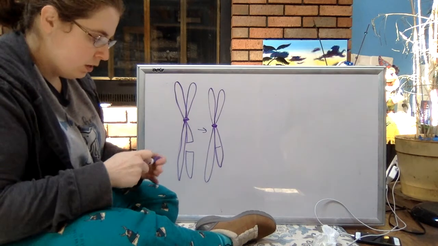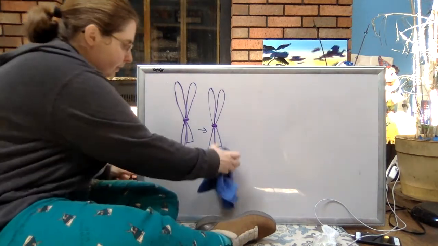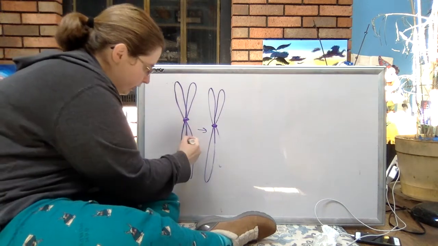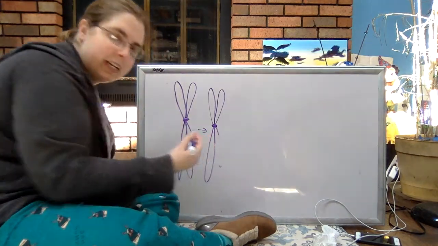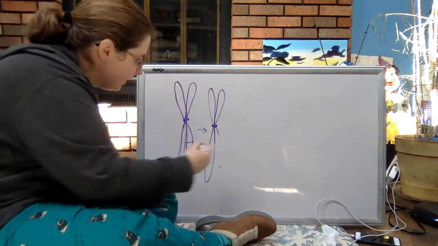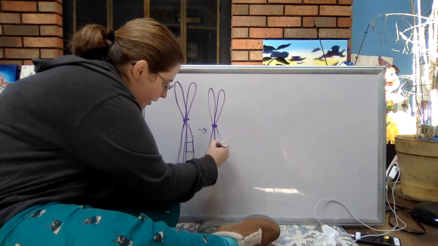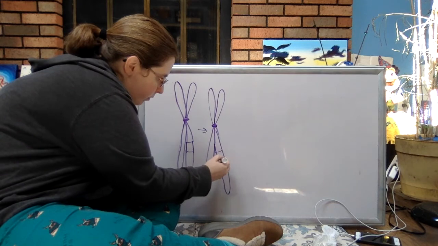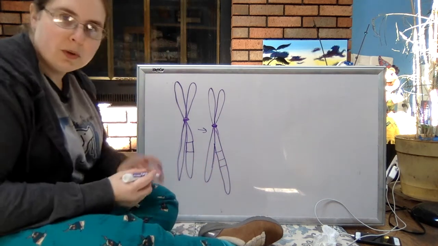Duplication is, well, what if instead of losing that piece, that section during DNA replication got replicated twice, and we end up with two of it.